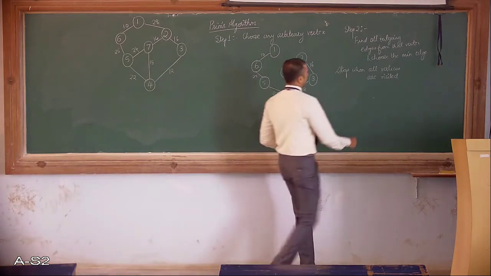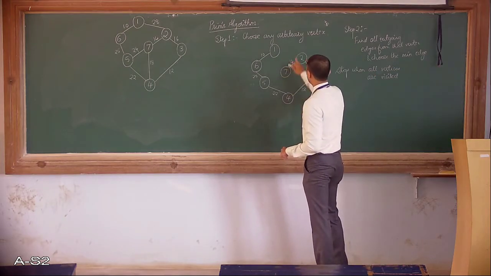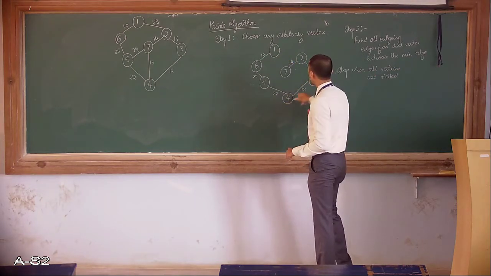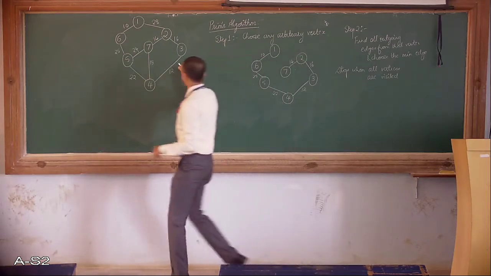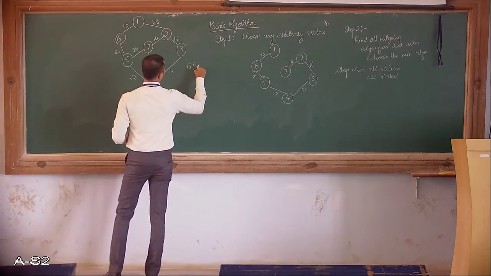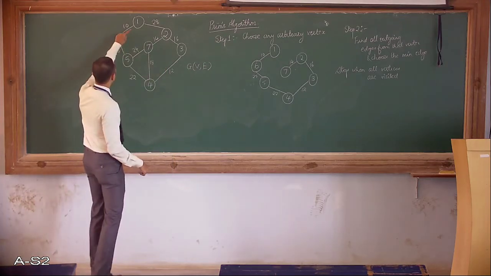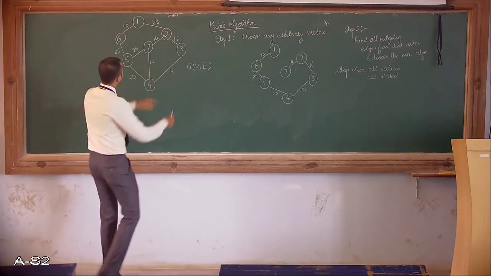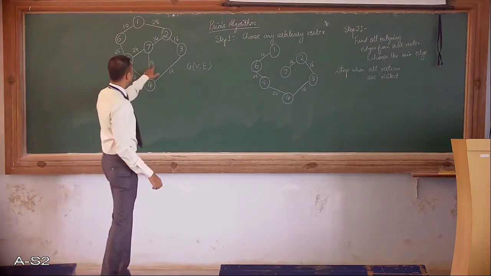You need to also check that there are no cycles forming over here. Are there any cycles forming in this? No, there are no cycles forming. How many edges did this graph have? You have vertices and you have edges. 1, 2, 3, 4, 5, 6, 7, 8, 9.